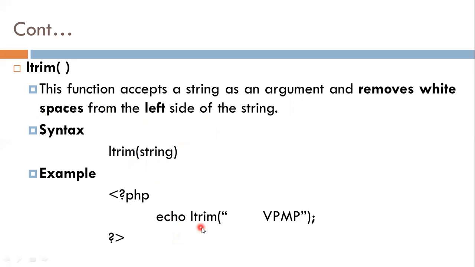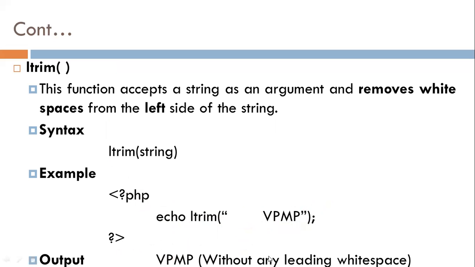So here I write an example like this: echo ltrim, then give some white space and then vpmp. So the ltrim function cuts all the space on the left side of the string. Whenever this output is printed on the screen, it directly prints at the left-hand side of my browser. Means the white space is not considered and my output is vpmp without any white space.